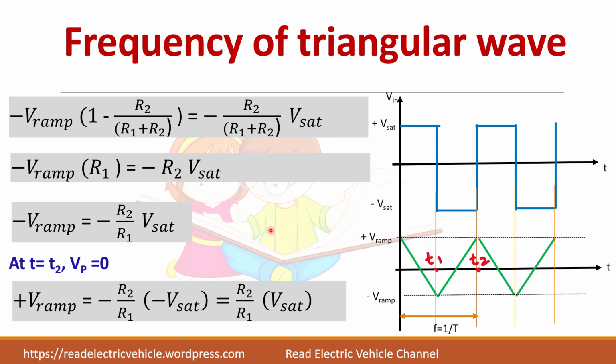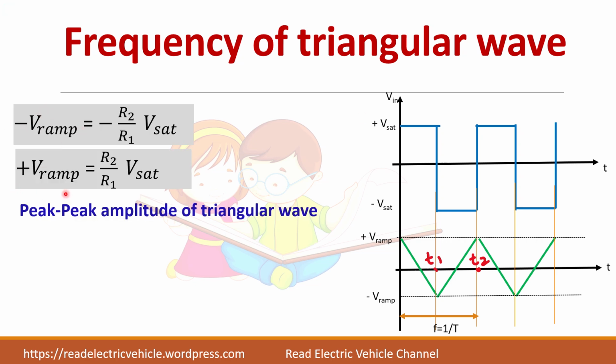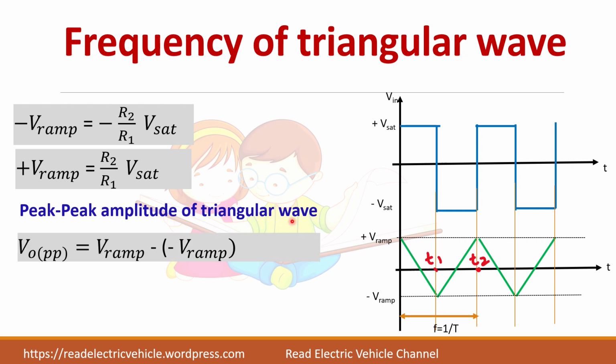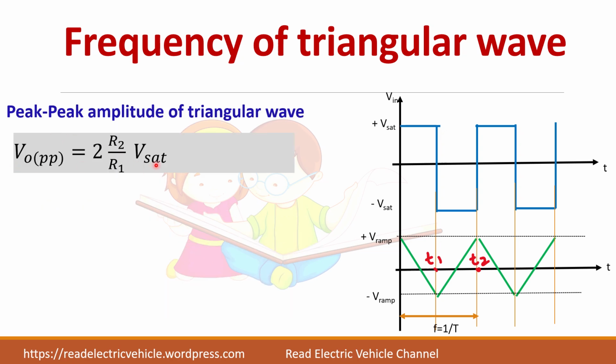Now we are going to find the peak to peak value of this triangular wave. We know minus V ramp, and we know plus V ramp. The peak to peak amplitude of the triangular wave is given by plus V ramp minus of minus V ramp. If you simplify, you will get V peak to peak as this one.